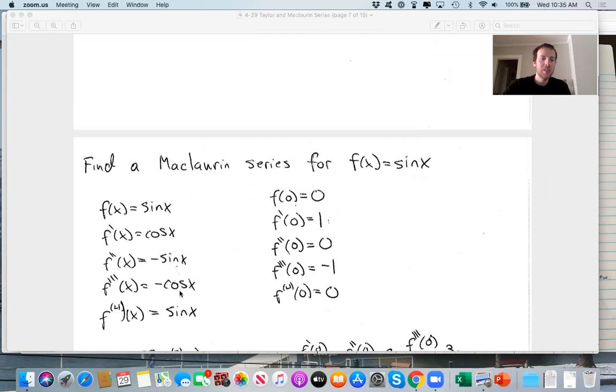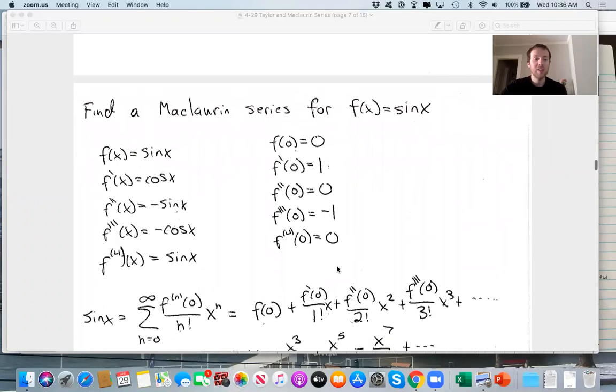If you evaluate these at 0, all of the sines are 0, cosine is 1, negative cosine is negative 1. So these values of the derivative, 0, 1, 0, negative 1, 0, 1, 0, negative 1, keep repeating.